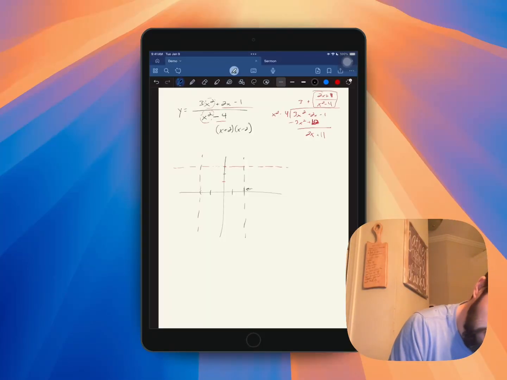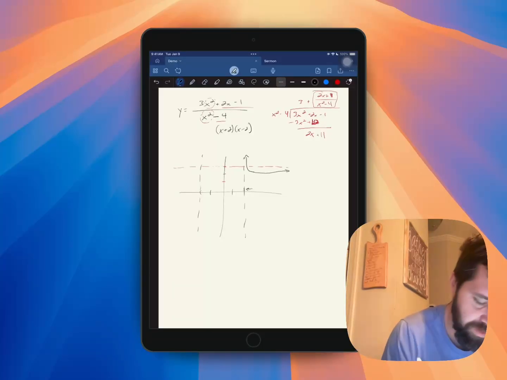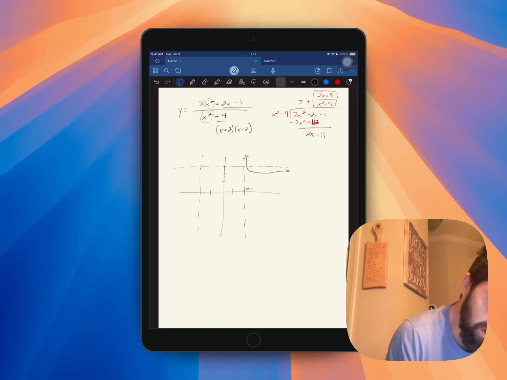And so we're going to have this behavior, and then we're going to end up going to there. I guess it could be above. Anyways, six of one, half a dozen of the other, right? And then on the left side, we're going to have 1.99: negative, positive, positive. So we're going to be negative like that.